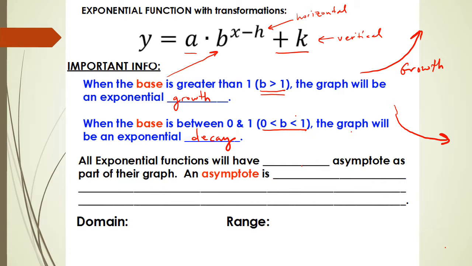And if you think about the value of something decaying over time, basically we are approaching 0 on the y-axis, okay? So as we go to positive infinity, we approach a y value that is approximately 0, okay? So that's decay.